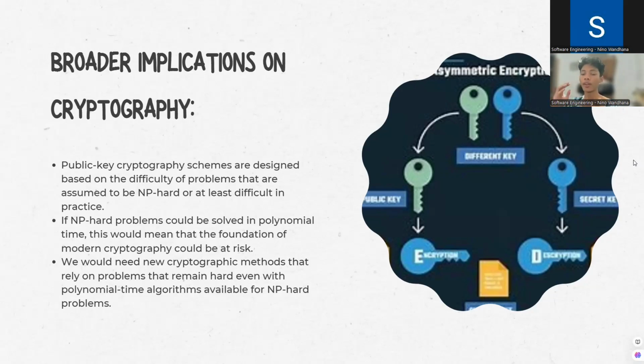Now, to rebuild cryptography to counter this risk, cryptographers will need to develop new cryptographic methods that rely on problems remaining hard, even in a world where polynomial time algorithms for NP-hard problems exist.